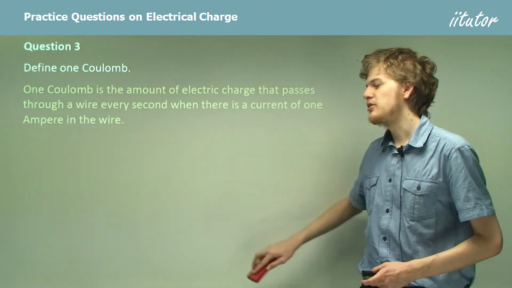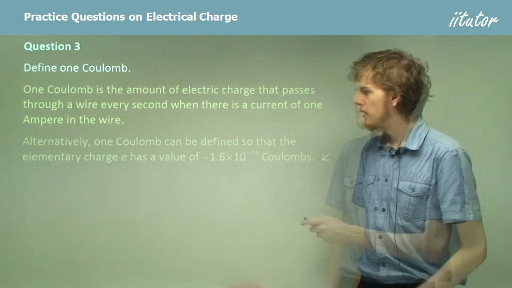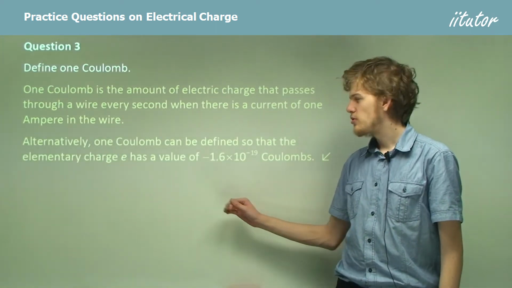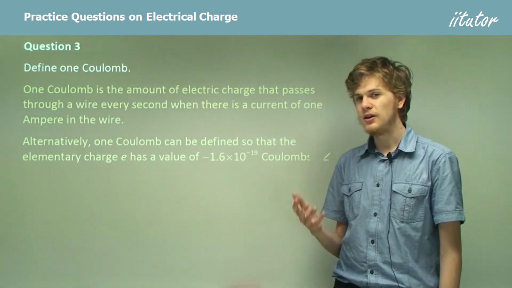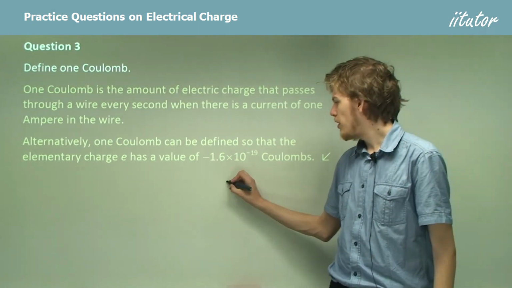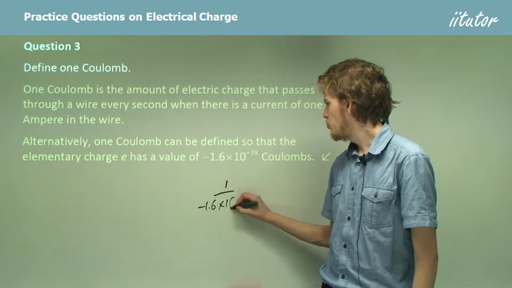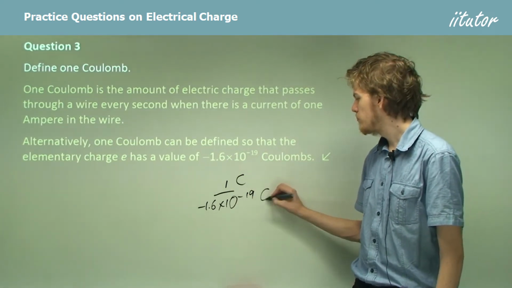Now, what was the other definition we had? We define a coulomb in terms of the elementary charge. We can define a coulomb so that the charge on an electron is 1.6 times 10 to the minus 19 coulombs. And so all we need to do is take 1 divided by this number, and this will tell us how many electrons are in 1 coulomb.